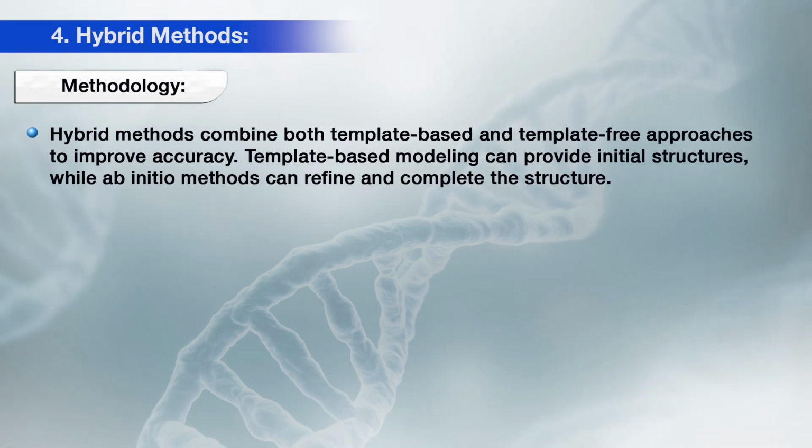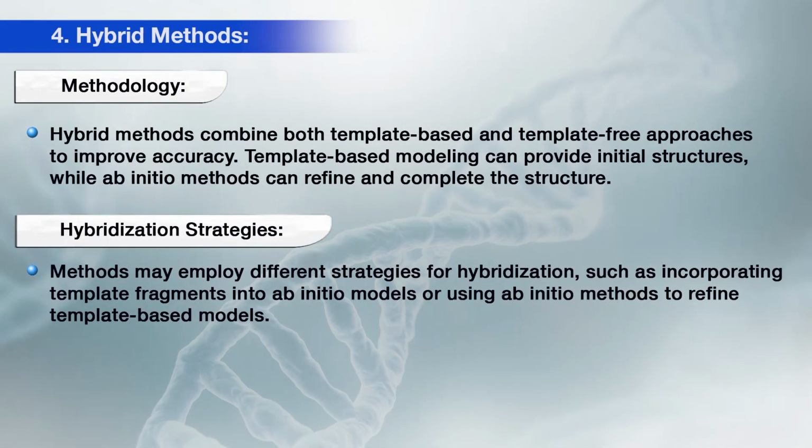Template based modeling can provide initial structures, while ab initio methods can refine and complete the structure. Now, let us see what a hybridization strategy is. Methods may employ different strategies for hybridization, such as incorporating template fragments into an ab initio model or using ab initio methods to refine a template based model.